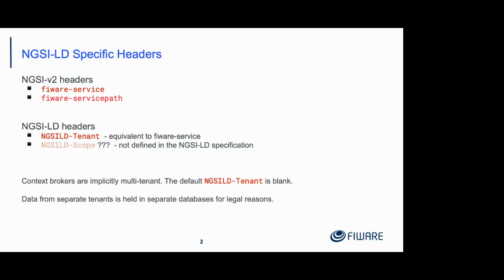The thing to remember here is that context brokers are implicitly multi-tenant, and there is currently an equivalent to the FIWARE service header called NGSI-LD tenant. There probably will eventually be another equivalent to the service path header.